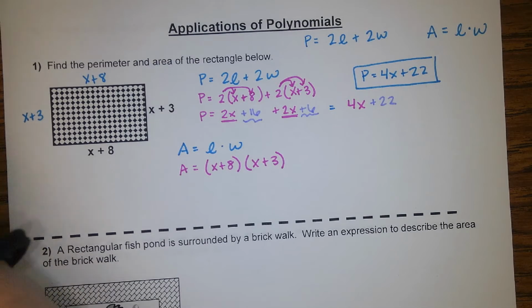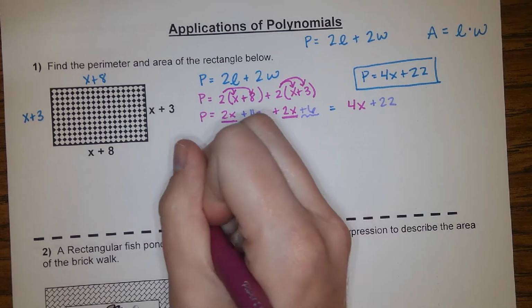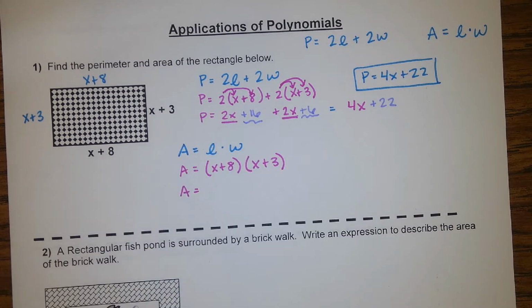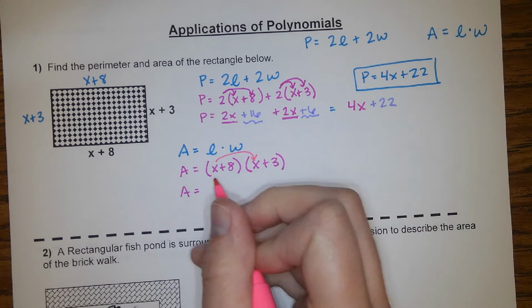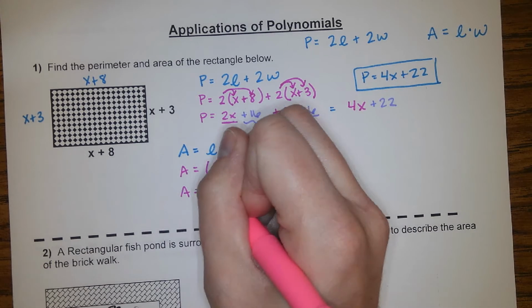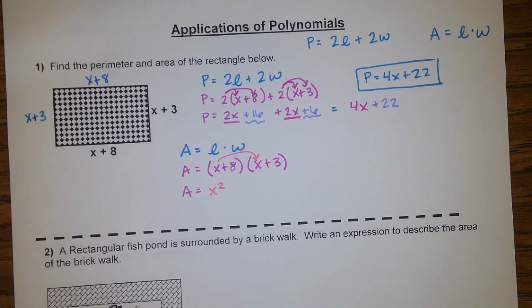Now this is where it gets a little bit fun as we are multiplying our binomials together, correct? So our A will be equal to, and what we are going to do is multiply our x times our x here, and so x times x will give us x squared, okay?